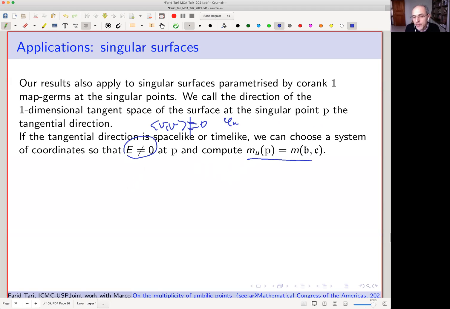If E is different from 0, then we can compute M of u. Remember, to compute M of u in our conditions, E, F, and G cannot be all 0. One of them has to be non-zero. This is why we impose that our map is of corank 1, and that if there is only one direction, it is not light-like. So E is different from 0.